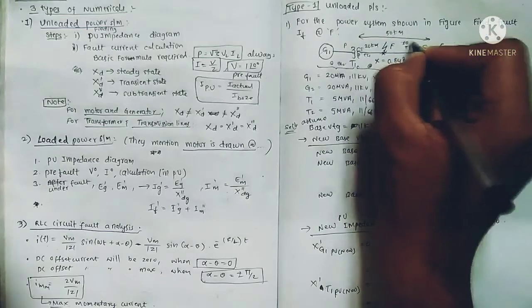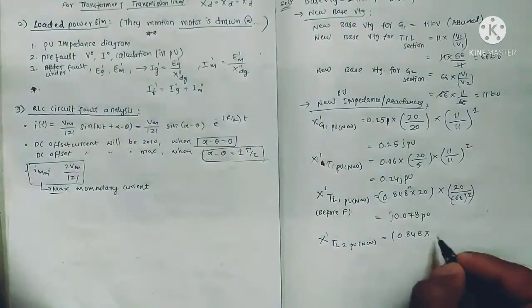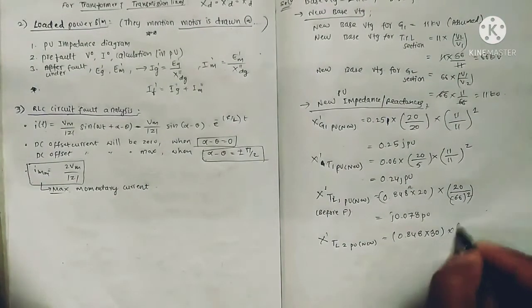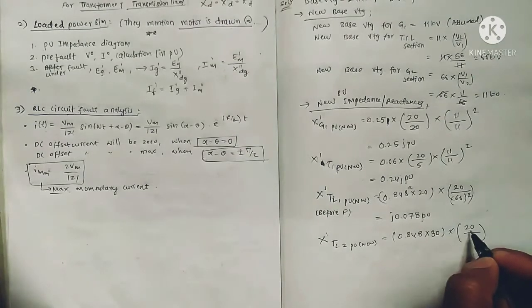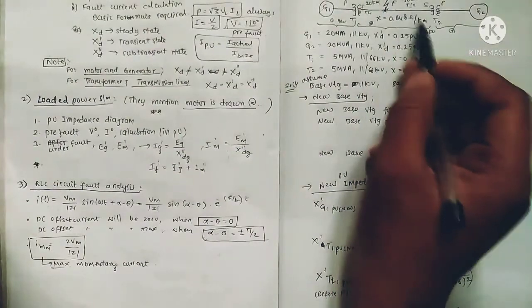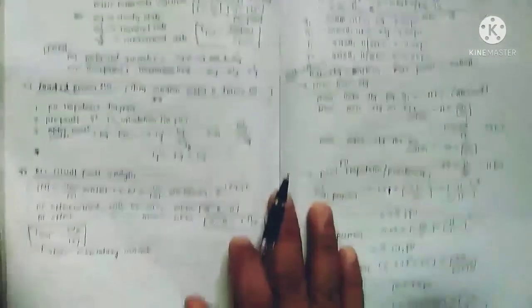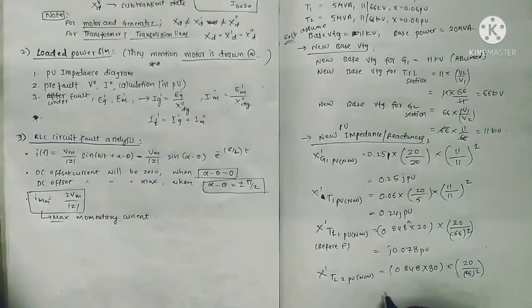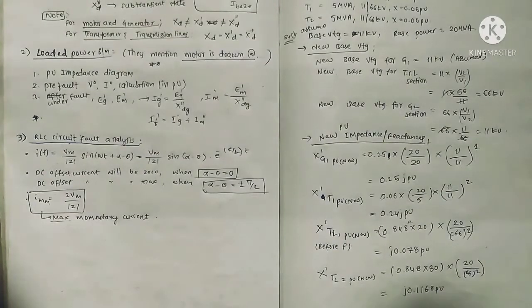So this distance is 30 kilometers. This impedance is multiplied by 30, because transmission line 2 is 30 kilometers, then multiplied by the new base power, which remains the same, 20, that we assumed, divided by the transmission line section voltage, 66 kilovolt, whole square. After calculating, we get 0.1168 j PU.